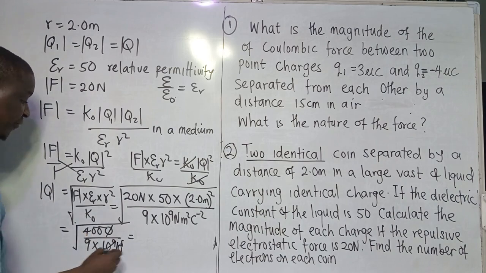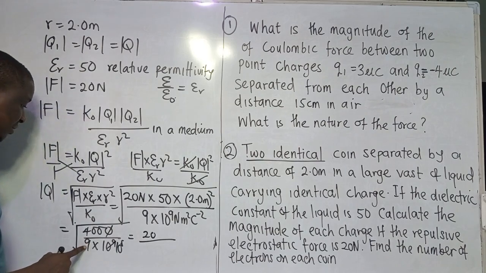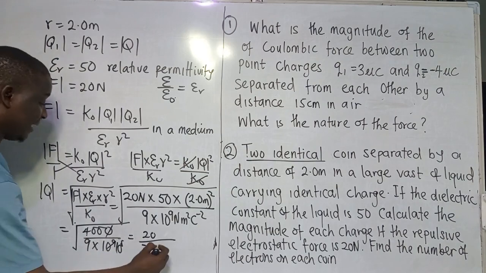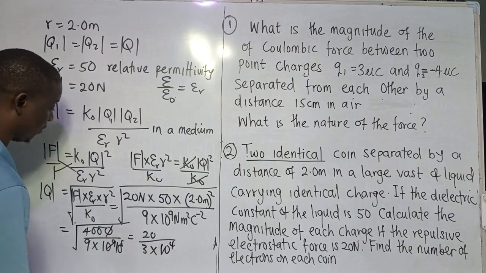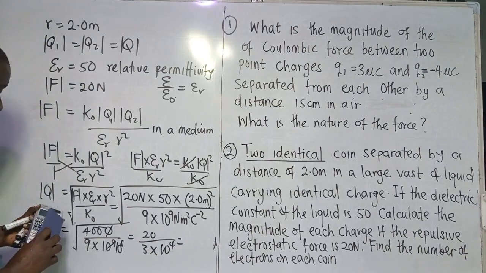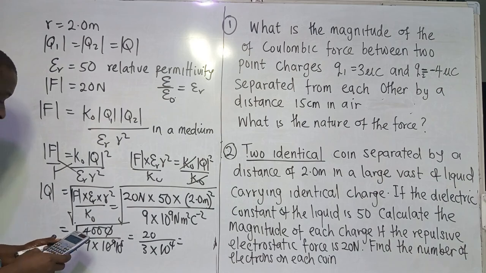So I want to have the square root of 400 is 20, the square root of 9 is 3, times the square root of 10 raised to the power 8, which is 10 raised to the power 4. If you do your calculation very well, or use your calculator, just finish everything so that you don't waste your time. Just do it directly: 4,000 divided by 9 times 10 raised to the power 9.